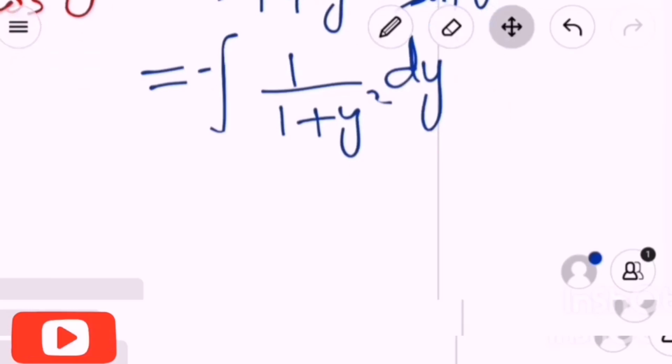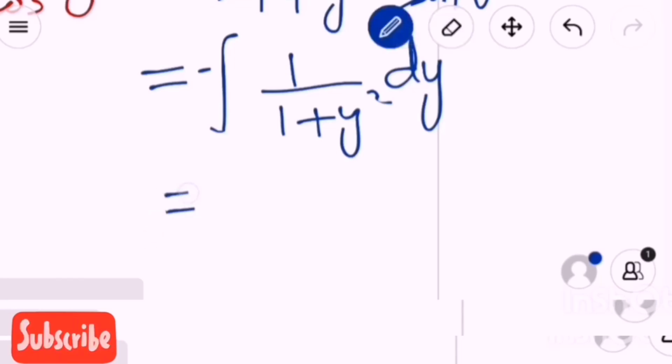Now this is the form matching with those basic forms. It is not written on page 125, but it is one of the basic forms. How is it a basic form? Because this is the derivative of tan inverse, so its integration is tan inverse of y.